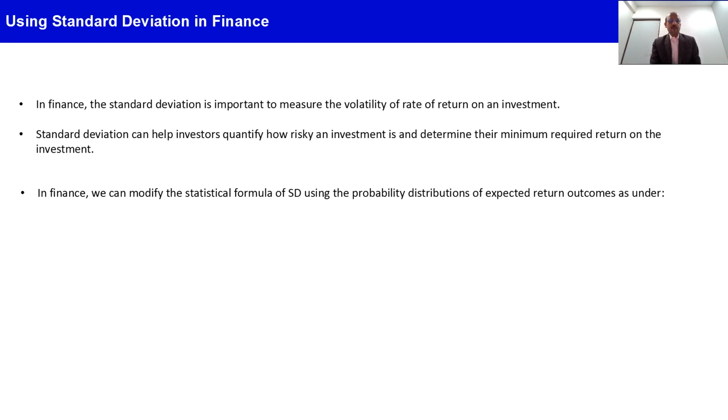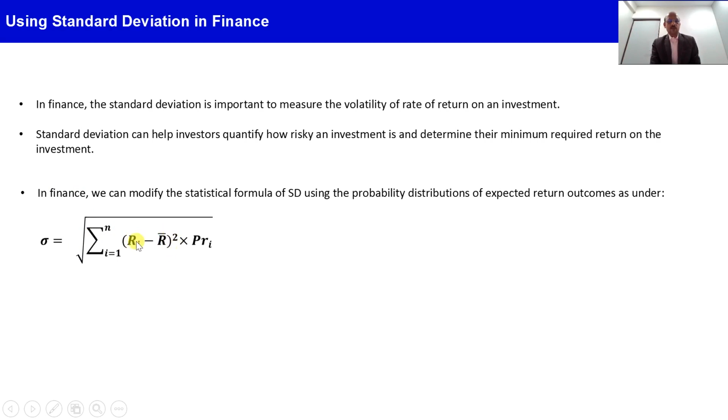In finance we can modify the statistical formula using the probability distribution of expected return outcomes, as under. Here we see R minus R bar. In finance we use R because that denotes the return instead of X. So Ri is the return of the ith outcome, minus R bar, the average return.